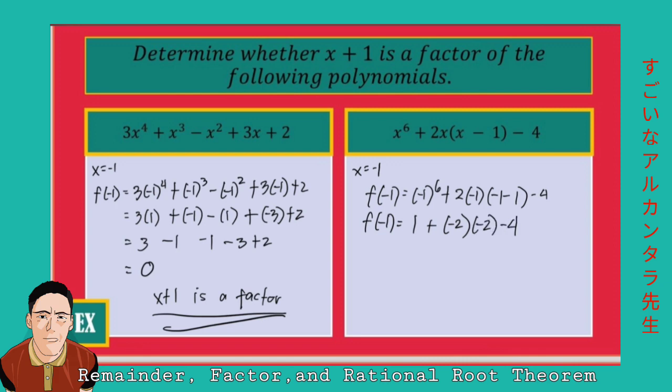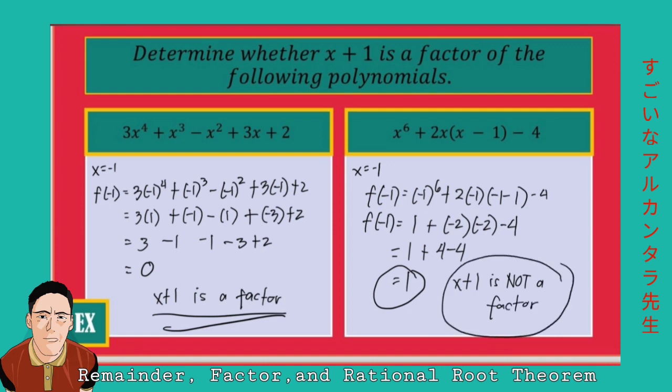So our f of -1 is 1 plus 4 minus 4. This is 1. 4 minus 4. So there is a remainder. Hence, x plus 1 is not a factor of the given polynomial. So that's what I want you to remember with this example. So as easy as that, there's nothing to really worry about.